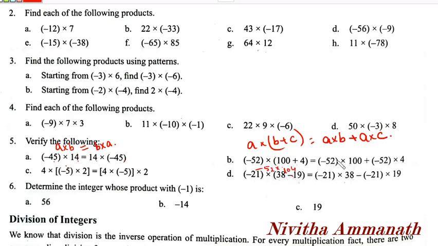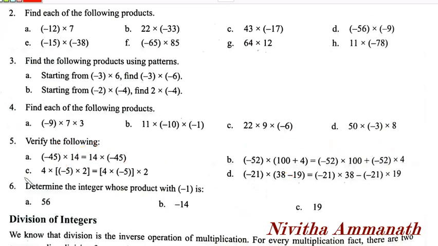And here also minus 52 into 100, that is minus 5200 plus minus 52 into 4. 2 fours are 8, 4 fives are 20. So you have to add this and you get the answer of this only. So the next two questions you have to do yourselves.